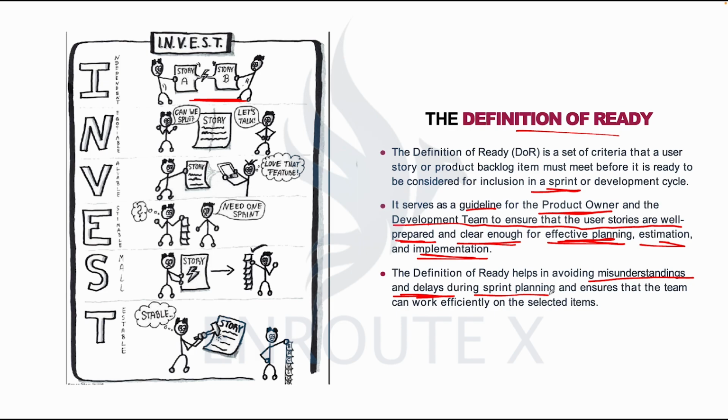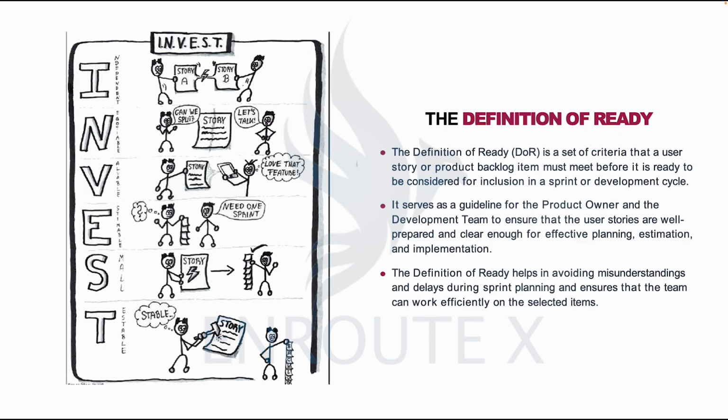So it helps the team to avoid misunderstandings and delays during sprint planning and ensures that the team can work efficiently on the selected item. So when any developer picks that story, it's certain that such a developer knows what he or she needs to do, and has the capacity to deliver that piece of story.